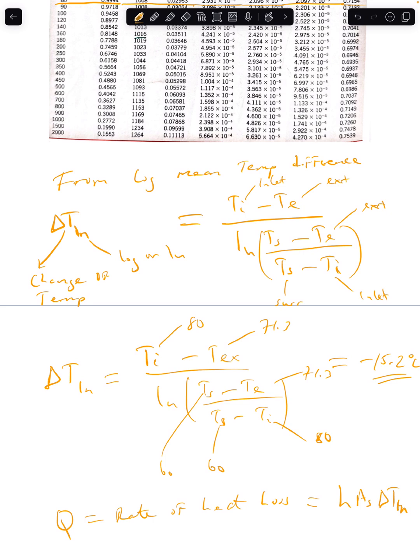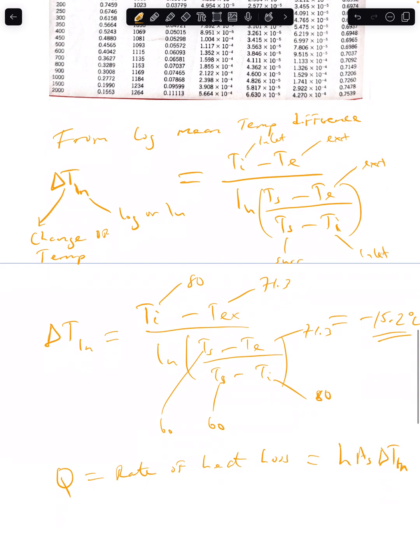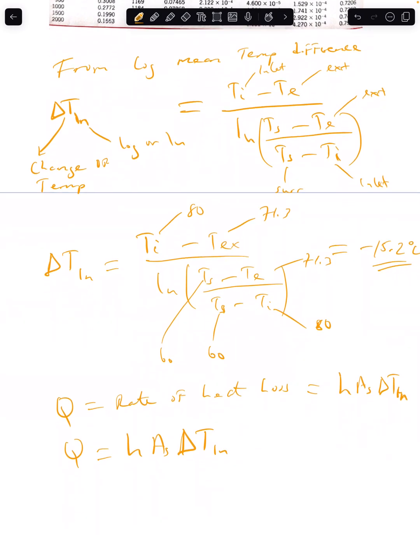And in that context, we have h A_s, which is 13.5 times 6.4, and this is negative 15.2, and this will give us negative 1,313 watts.